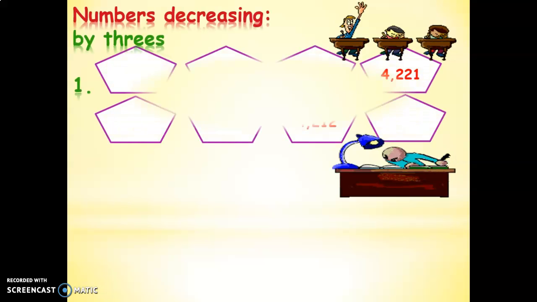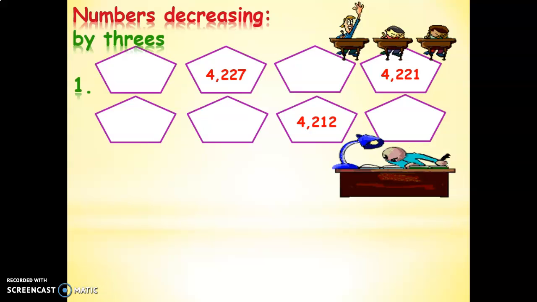For number 1, the numbers should be decreasing by 3s. The first answer should be higher than 4,227. The first number should be bigger. So we have 4,230. Decreased by 3 is now 4,227. Decreased by 3 is now 4,224.